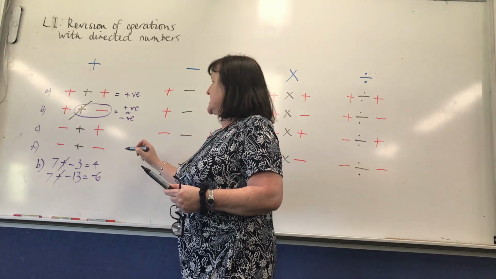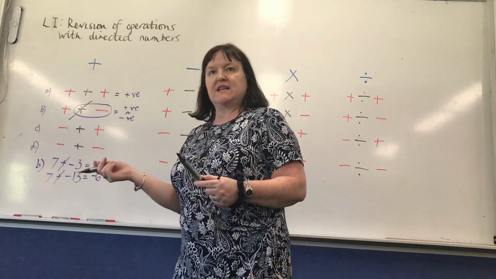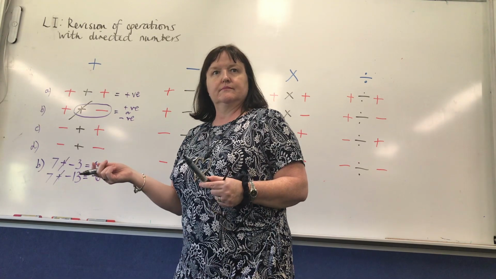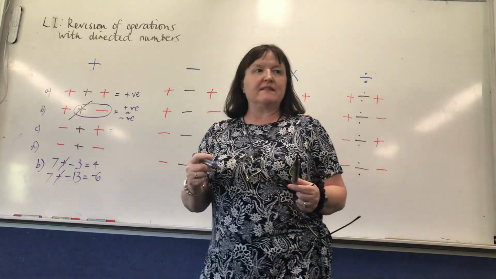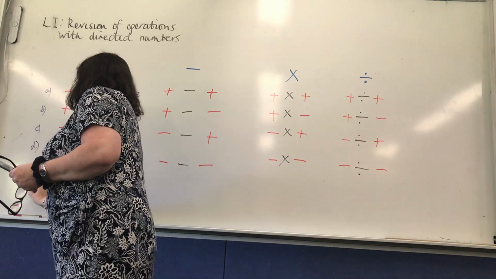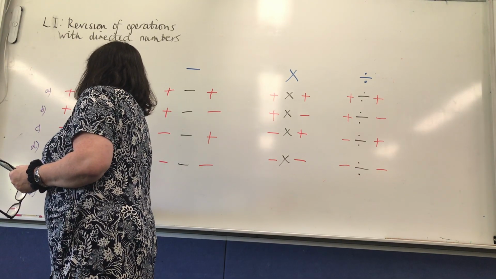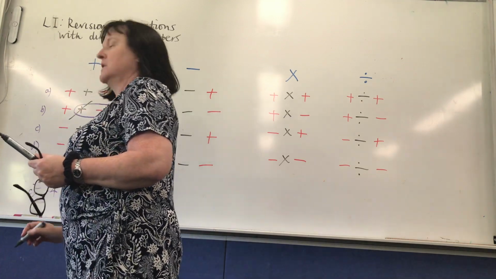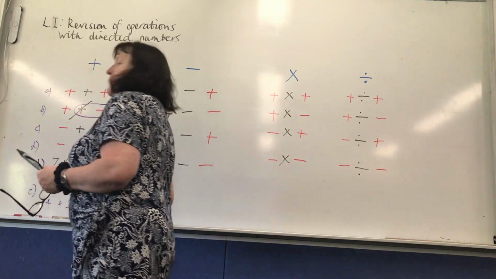Okay, let's have a look at C then. We've got negative add positive. Now again, this depends on the size of the numbers. So let's have a look at an example. We've got C. We've got negative 4 add 6. Negative 4 add 2.